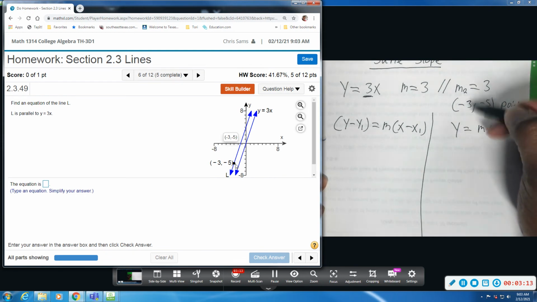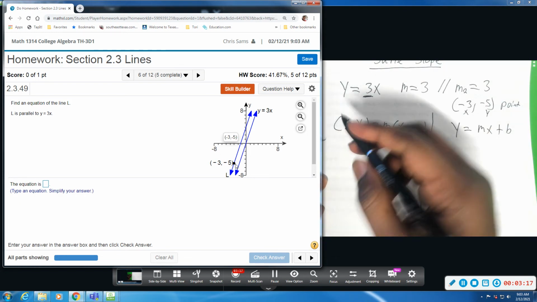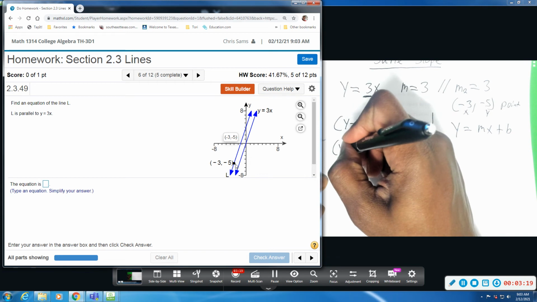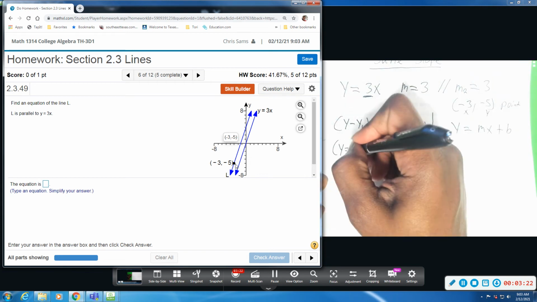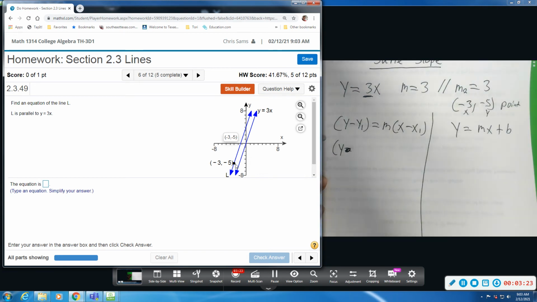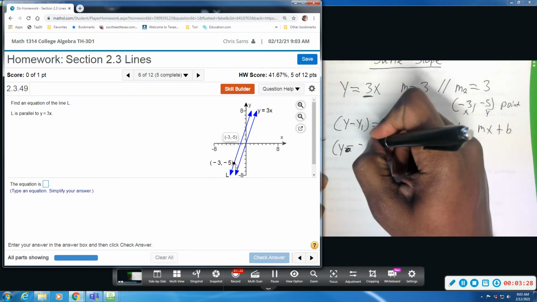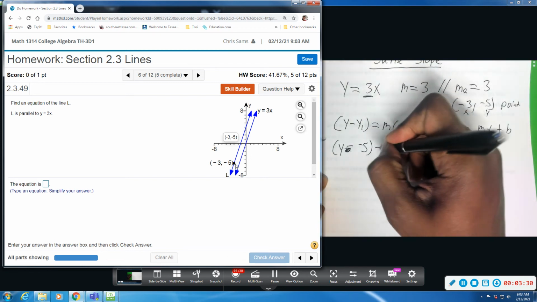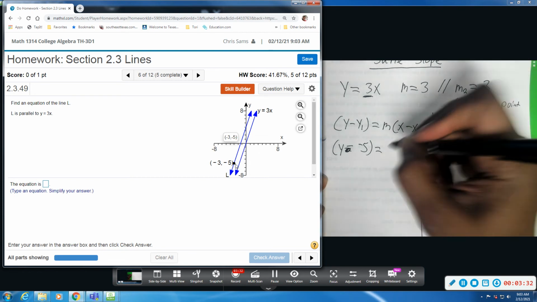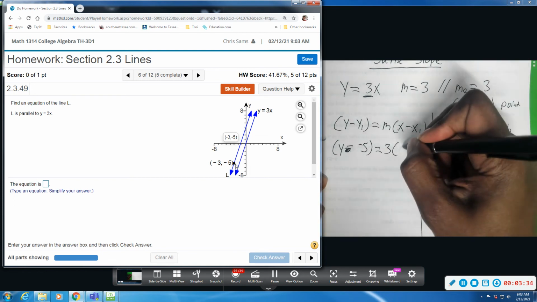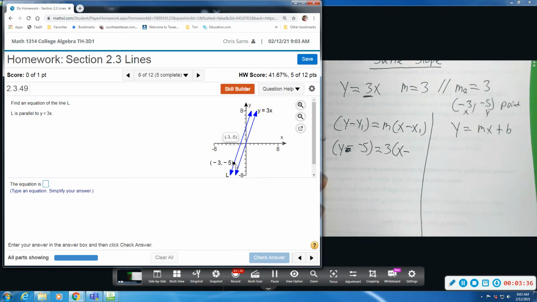All right, so we're going to plug in the point and slope. So this is my x, this is my y. So I have y minus a -5, equals the slope, which is 3, times parentheses x minus a -3.